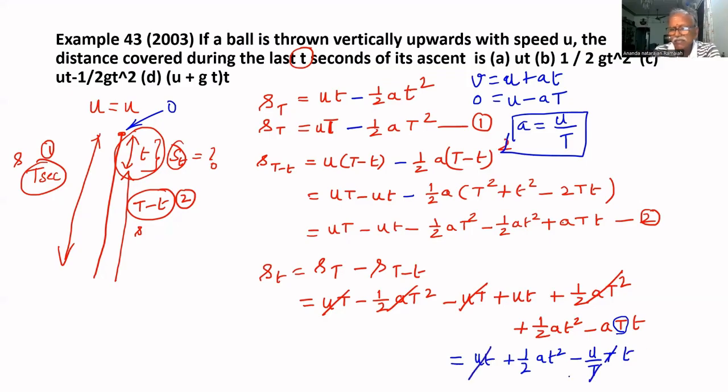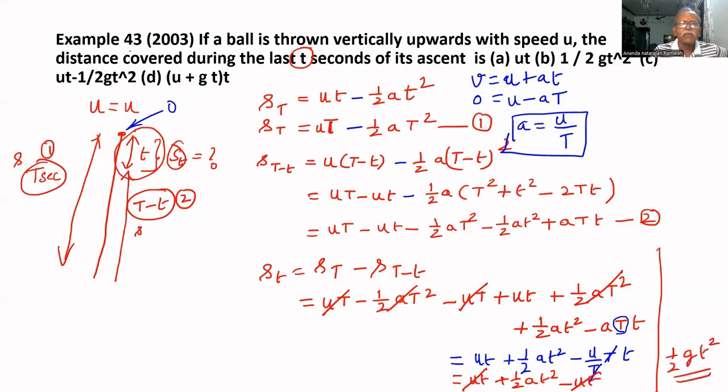We'll cancel in the next step, otherwise you'll get confusion. So, one more step: equal to ut plus 1 by 2 a τ square minus ut. These two getting cancelled. Therefore, 1 by 2 a τ square. A equal to g because of gravity. Therefore, the answer is 1 by 2 g τ square.